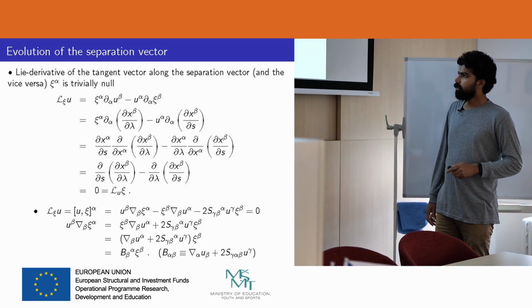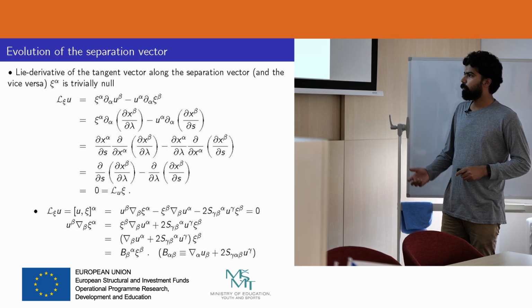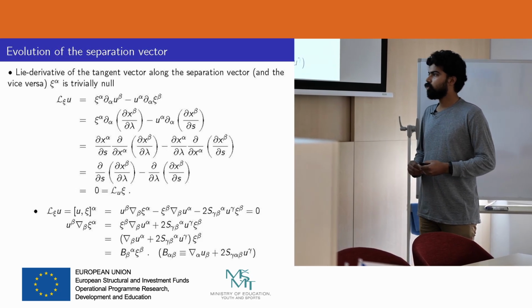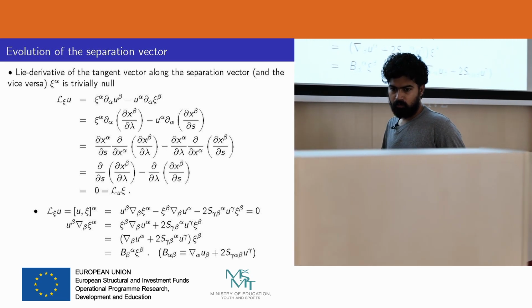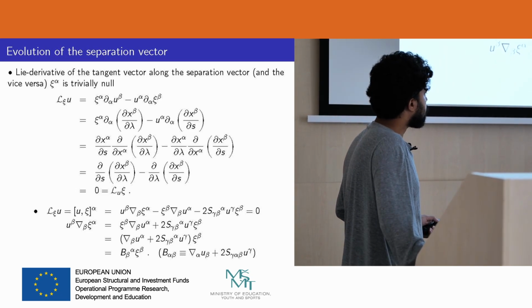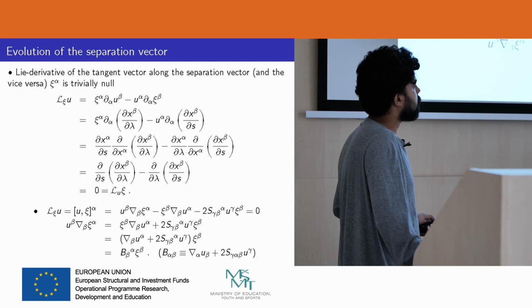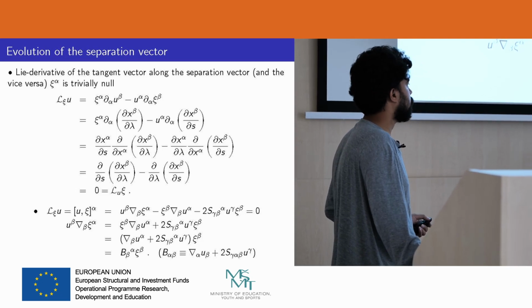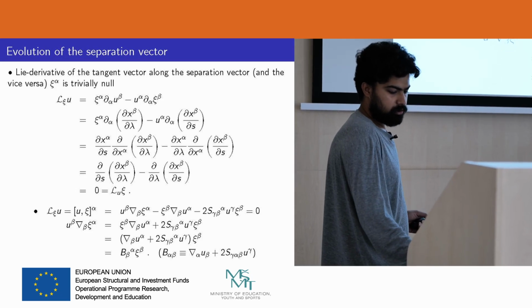So if we know the properties of B, we can surely determine how those curves are moving along the space-time. And here is the definition of B, and we can clearly see that this is the contribution coming from torsion, and this is the definition if there is no torsion at all.